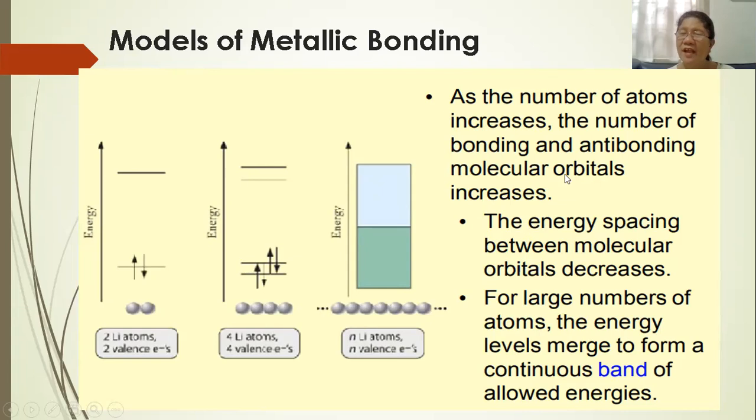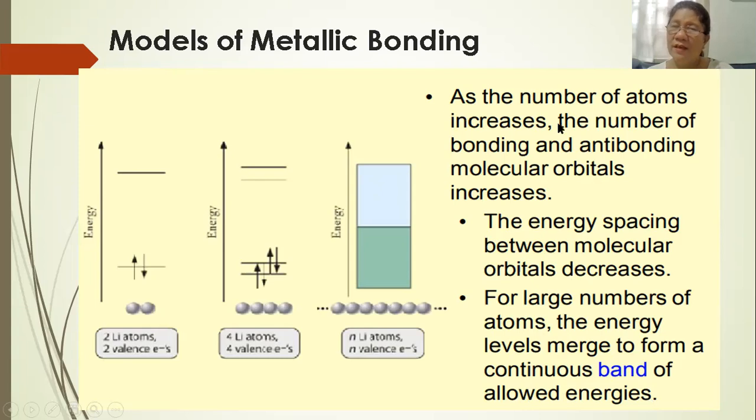The energy spacing between molecular orbitals decreases. It is the opposite, okay? If you increase the number of atoms, the energy spacing decreases. And what will happen? With a large number of atoms, the energy levels merge to form continuous band-allowed energy.